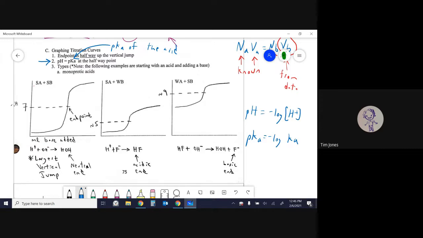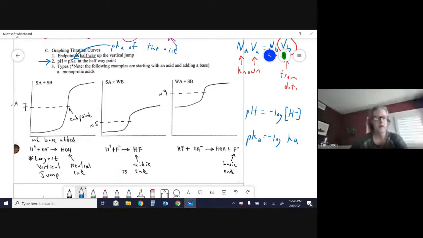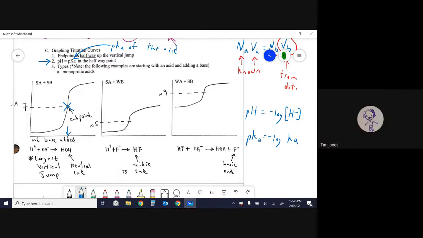And it turns out, if you do a titration and you know where your endpoint is, let's just pick this first graph and let's just say right here. Whatever volume that took, if you go to half of that volume, so in this particular graph, halfway would be approximately right here.